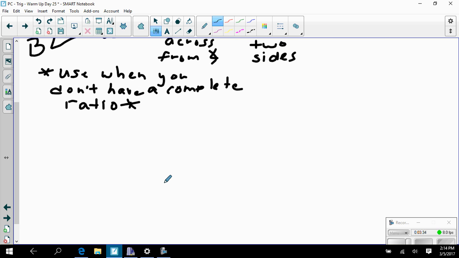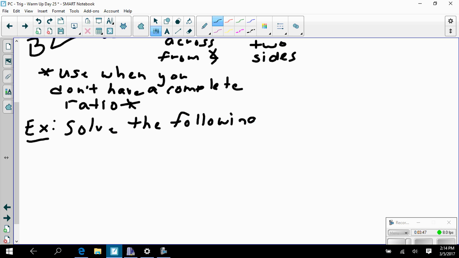Now the first part of your homework tonight is a little vague. It's just going to say solve the following triangles. And what solve the following triangles means is find any missing side and angle.